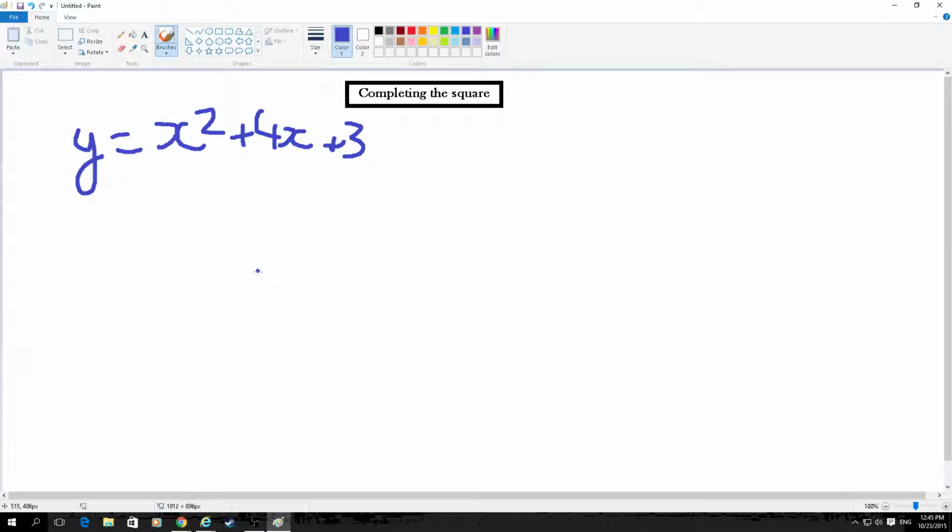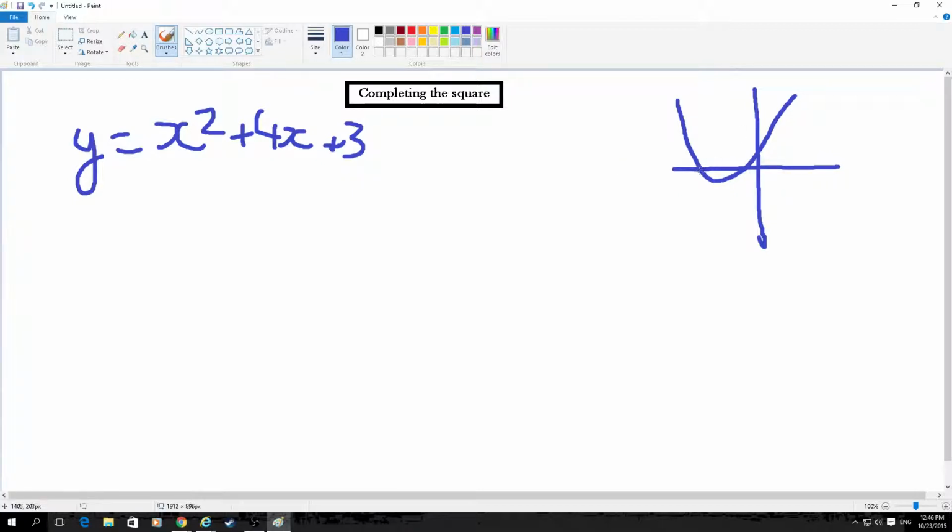It crosses the x-axis 2 times. So if there was a graph like this, it will probably cross like that.